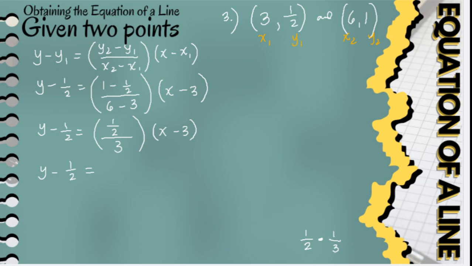Kasi yung 3 ay 3 over 1. And then multiply, 1 times 1 is 1. Then 2 times 3 is 6. Okay, so therefore 1 half over 3 is 1 over 6. Okay, and then we have x minus 3.